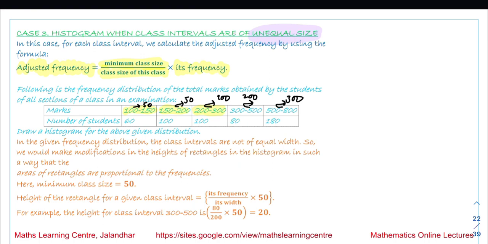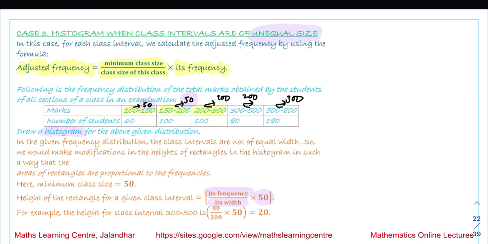Now we have to draw the histogram for this case. The minimum class size that we have is 50. So the height of the rectangle for a given class interval is equal to its frequency over its width, into 50.